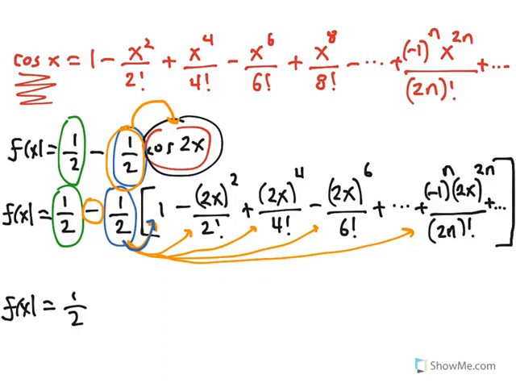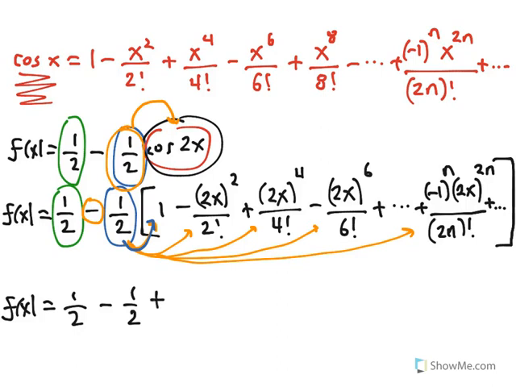So you will distribute negative 1/2 to each term of the power series for cosine of 2x. Or you can think of it as subtracting 1/2 times each term of the power series. So you have minus 1/2, and then distribute negative 1/2 to the second term.